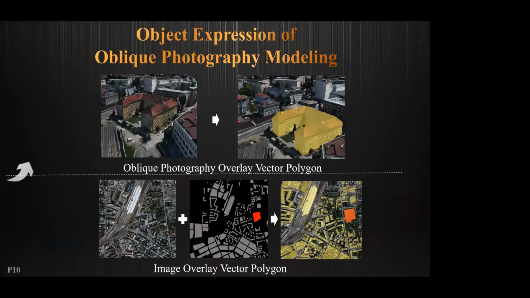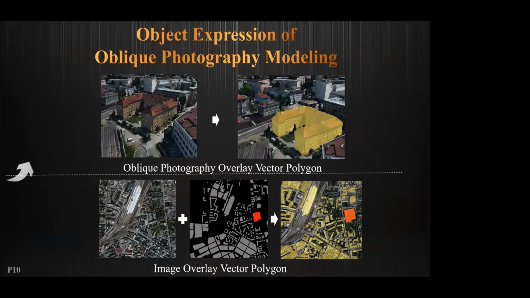In order to use it, we have to do some management functions based on the oblique photography model. But the oblique photography model has the same feature as satellite imagery, in that the models are continuous with each other. For example, the building is connected with the road beside it.